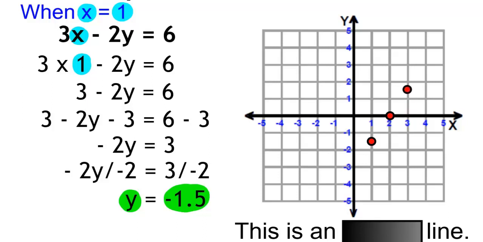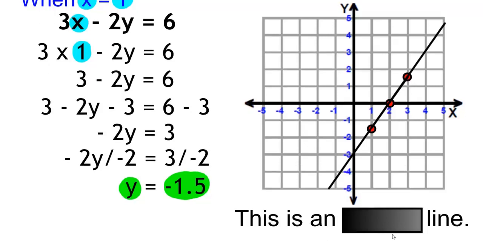Plot that there. Connect the dots with a straight line. You could extend this if you wanted to. This is an oblique line.